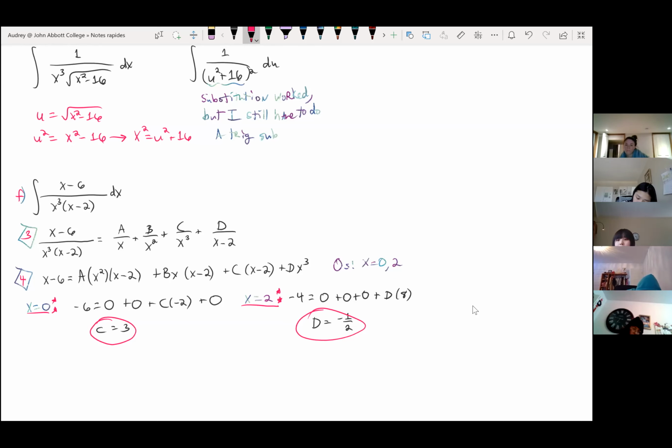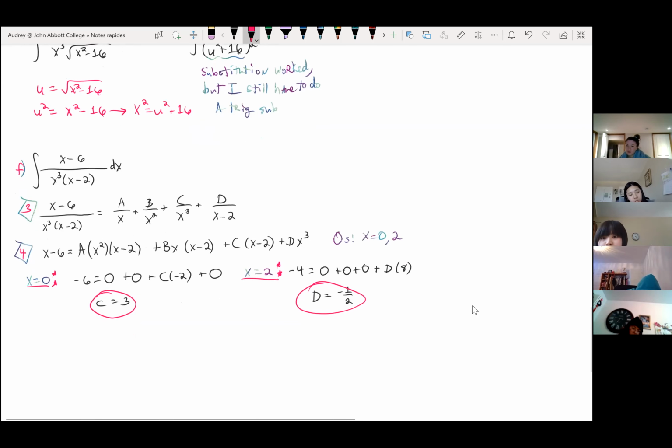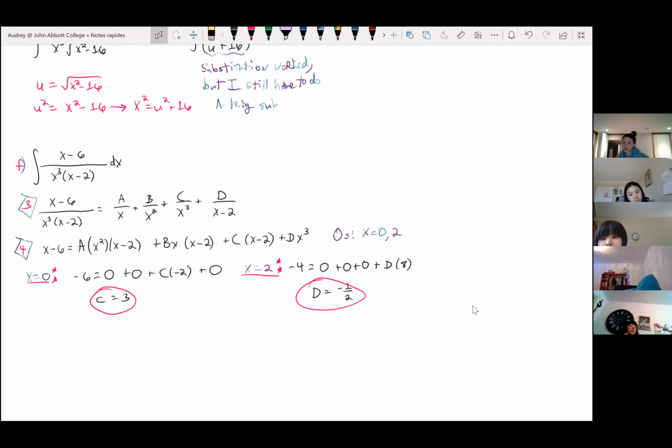So I've had a lot of questions about when to use method 1 and when to use method 2. And the answer is you can always use method 2 and you can always use method 1. So it's largely a personal preference thing. But that said, starting off with method 1, in my opinion, is always the best way to go. If you have zeros to plug in, plug them in, because then you will go into method 2 already knowing some of your numerators.